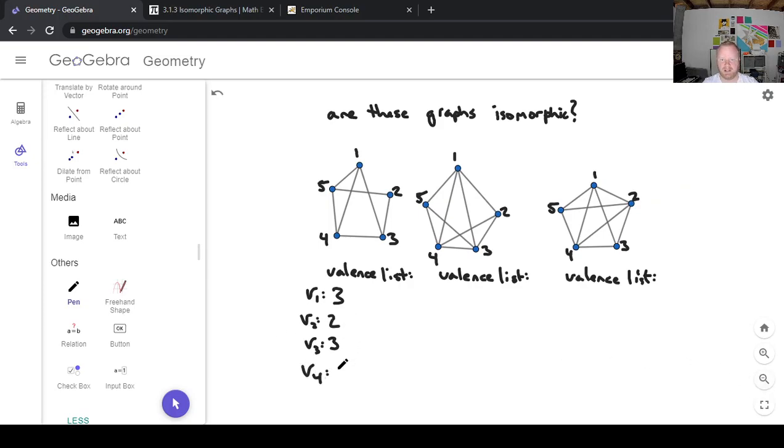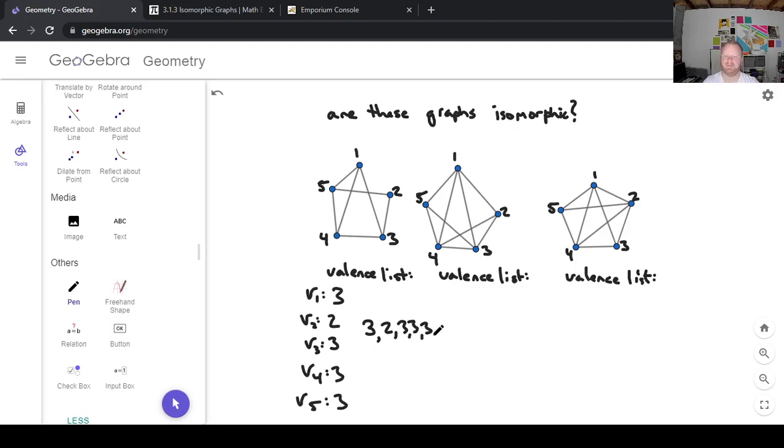Vertex 4 has a valence of 3, and vertex 5 has a valence of 3. So if I want to come up with this valence list here, I can simply write that as 3, 2, 3, 3, 3.